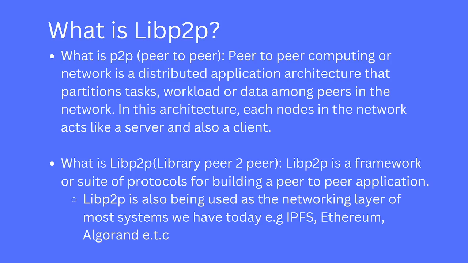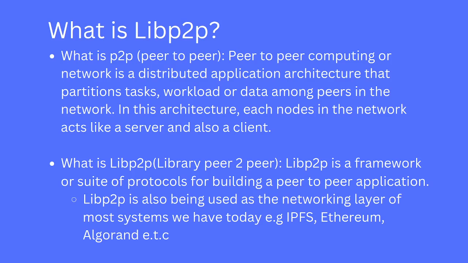So first of all, what is P2P? What is peer-to-peer, right? Basically, a peer-to-peer network is a distributed application architecture that divides or partitions tasks, workload or data amongst peers in the network.